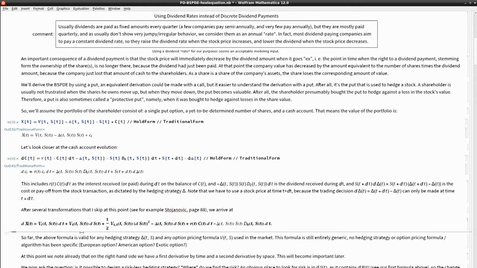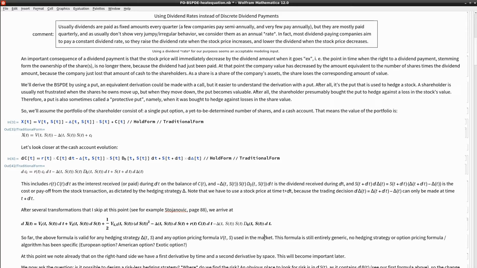Okay, so I also want to emphasize at this point that this formula is valid for any hedging strategy, delta of T and S, and any option pricing formula V of T and S that is used in the market. We didn't specify this yet. We didn't say if this is European, if this is American, if it's even an option.